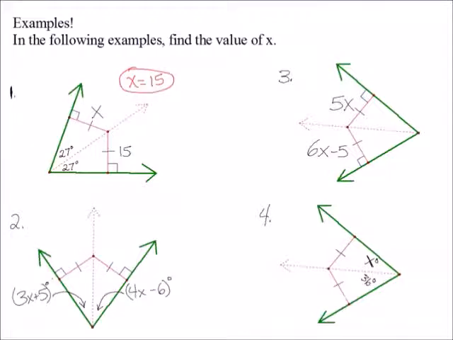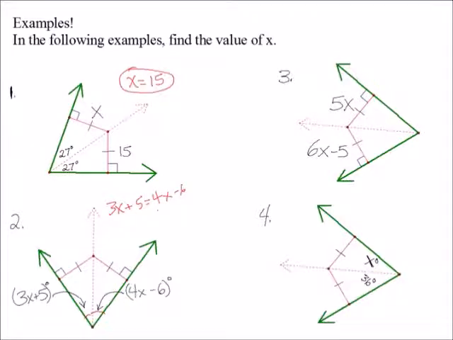Number 2, I'm telling you that we have a point, we have perpendicular, and we know that these sides are congruent. So that means these angles should be congruent. So this has 1 band, and this has 1 band. So that means we have to put our equations together. So I have 3x plus 5 equals 4x minus 6.